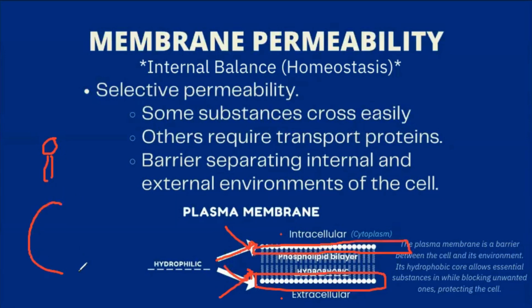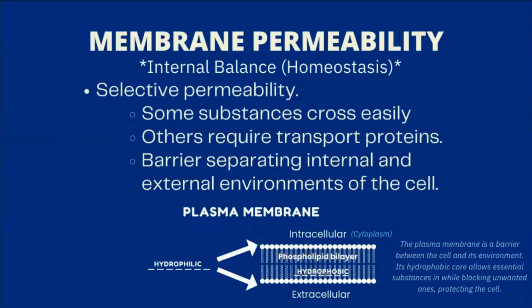We have our cell, and there's water here and water here, or fluid-like structure, which means that the white circles, the phospholipid heads, have to be hydrophilic. Hydrophilic, think Philadelphia, water loving, has to be on both sides. This side is water loving and this side is water loving. Inside the phospholipid bilayer are the tails, which are hydrophobic, water fearing.